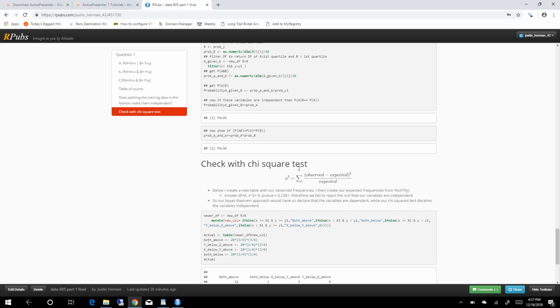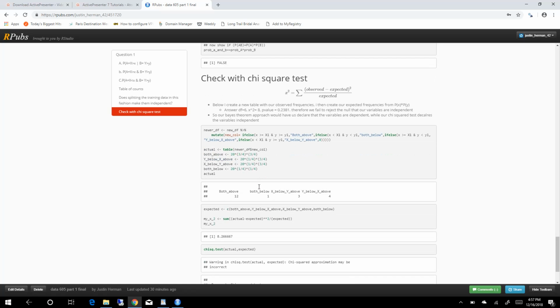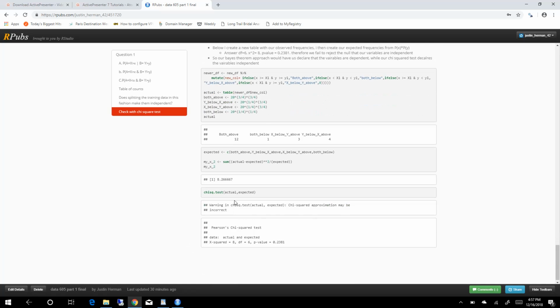But when we plug it into the chi-square test, which I do here, I created a table, and then from the table, I created the expected values. We get a chi-square score of 8.2, which turns out to give us a p-value of 0.2381 when we plug it into the chi-square table.